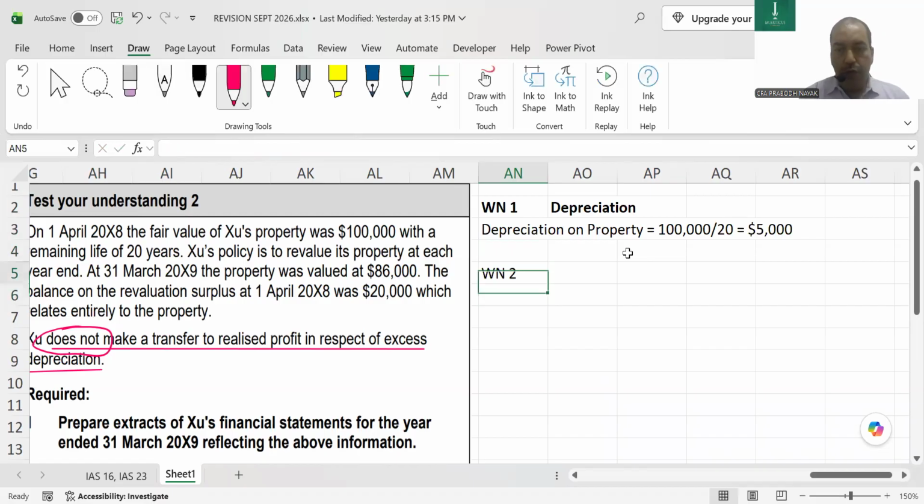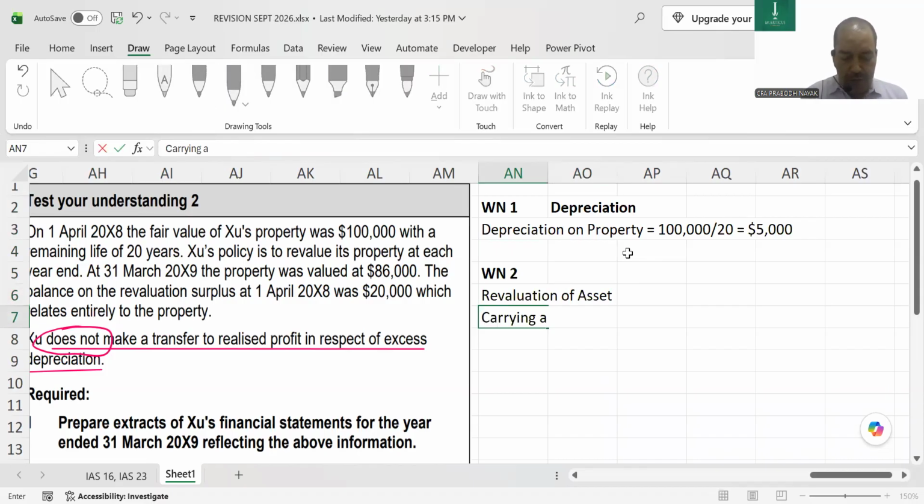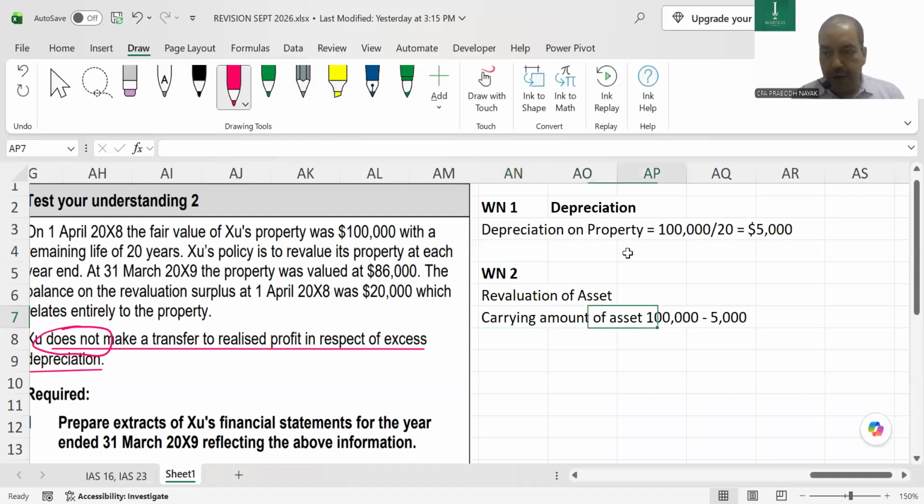Working note number 2. Revaluation of asset. Carrying amount of the asset is 100,000 minus 5,000, that is 95,000.